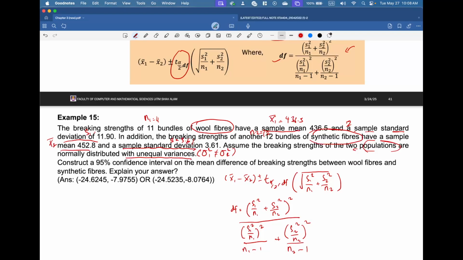Alright, so the subscript of N1 and N2 is actually referring to the information given to us.